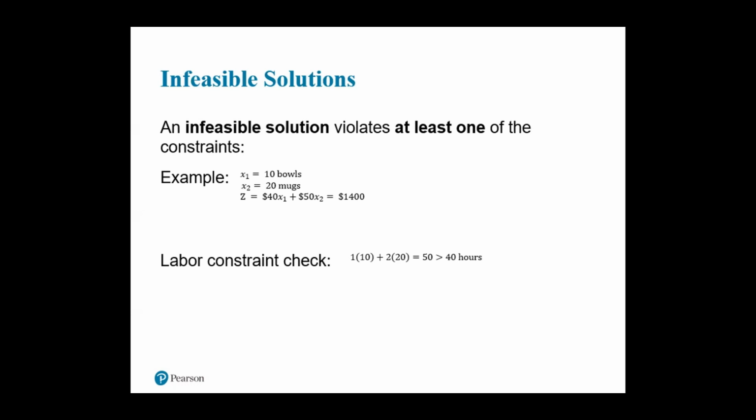If you slot it in the first equation, it gives you 50 hours, but we have only 40 hours. So if you were solving this problem and your answer is 10 bowls and 20 mugs, then the solution is wrong. It's infeasible. Okay, so take note of that.